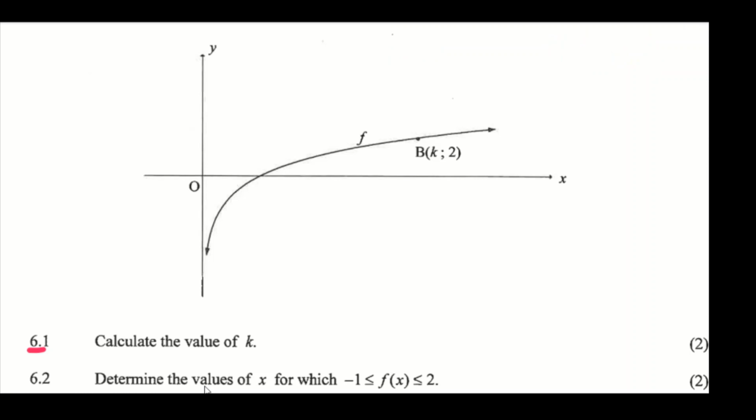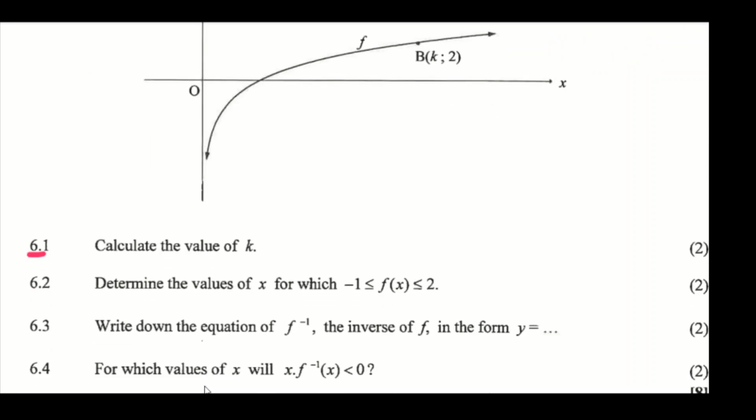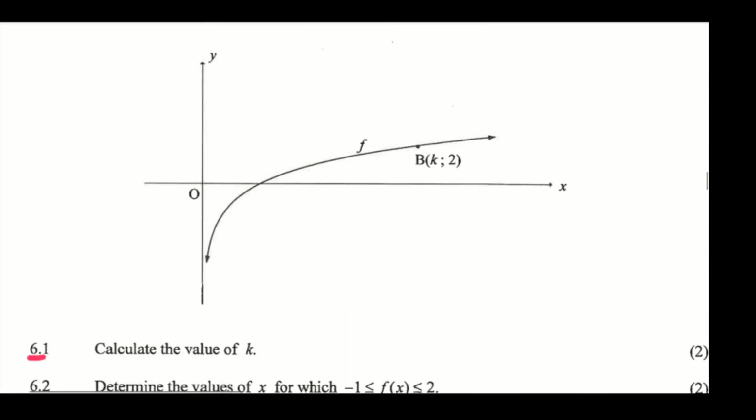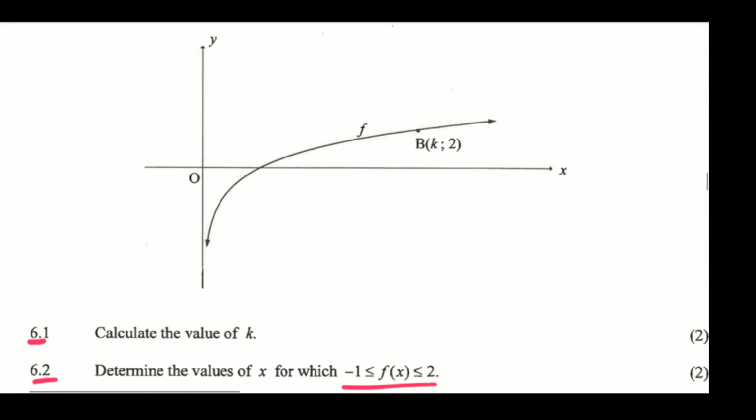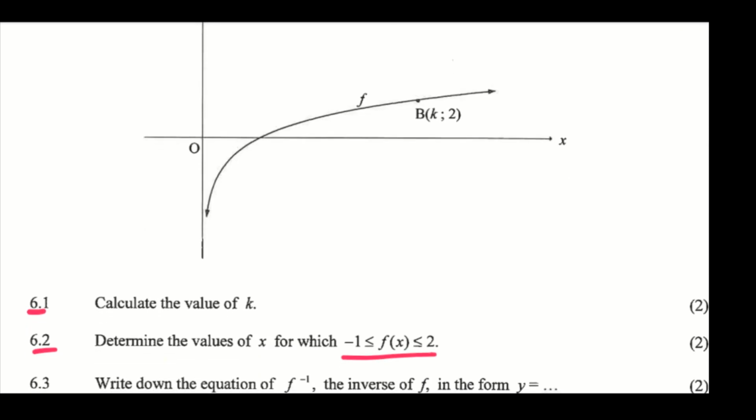So now 6.2 says that we should determine the values of x for which f(x) lies between -1 and 2, right? Remember, in the previous question we were calculating the value of k, which tells us that k equals 16 here, therefore the y value is equal to 2, right?